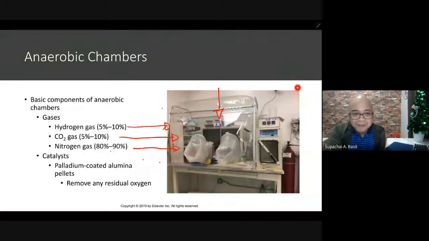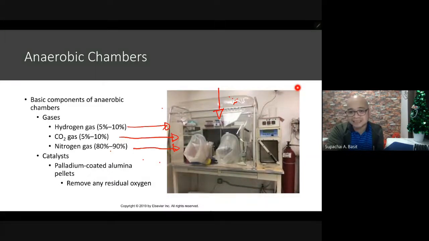Okay? We also need a catalyst inside the chamber. The catalyst consists of palladium-coated alumina pellets. It removes any residual oxygen. If any oxygen gets through, it will be removed by the catalyst, the palladium-coated alumina pellets.